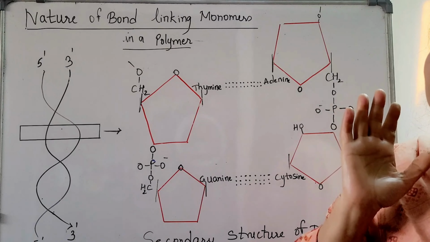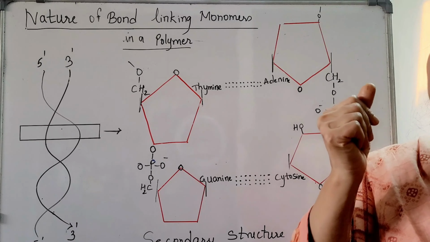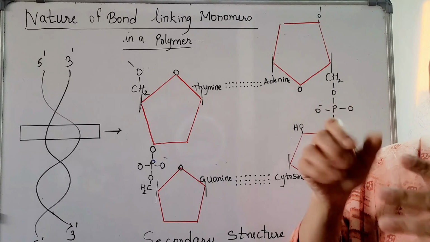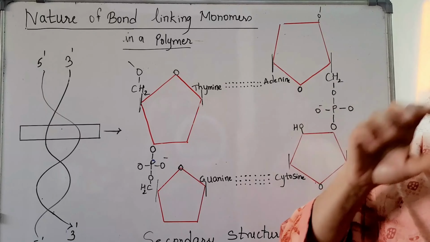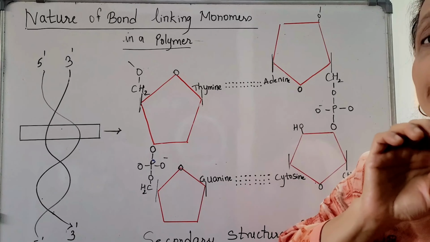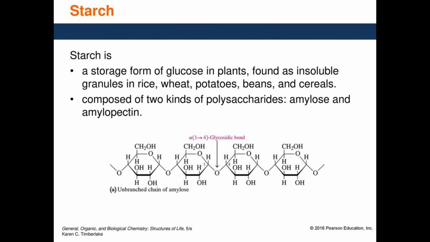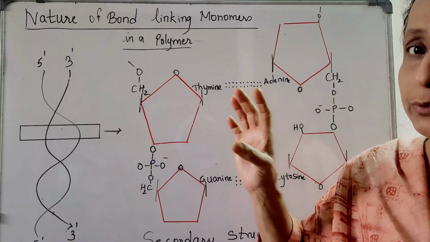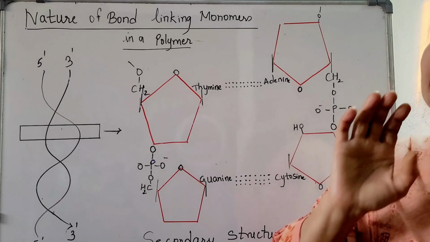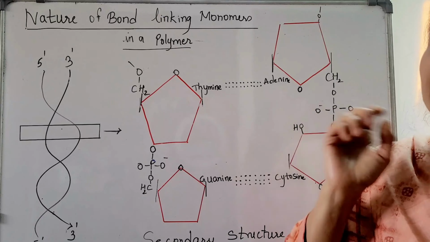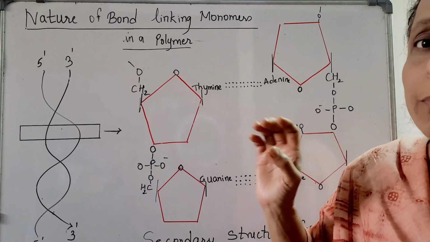So here also dehydration takes place. The water part that comes out leads to the formation of a glycosidic bond in glucose. This is how monosaccharides become polysaccharides by glycosidic bonds.